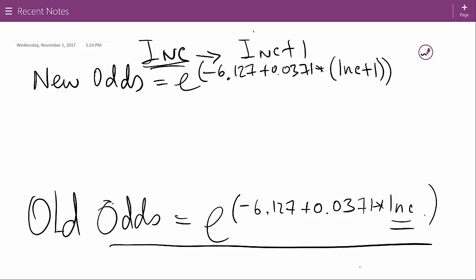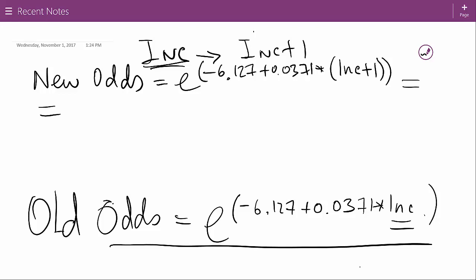Now let's unwind this expression. If you ever took, it's not even calculus, it's more like algebra, or is it calculus, dealing with exponents and logarithms and functions? Now let's call it calculus.